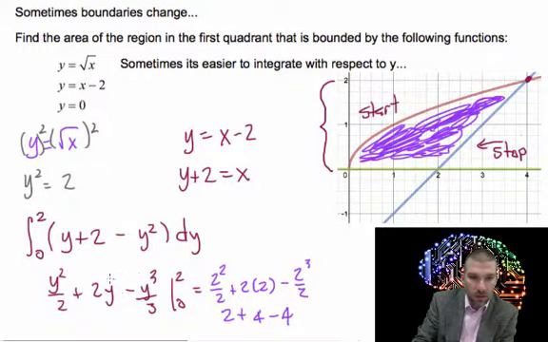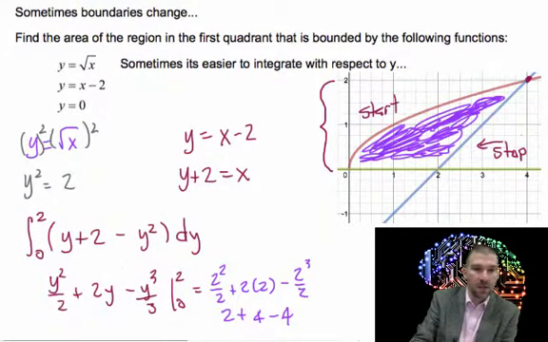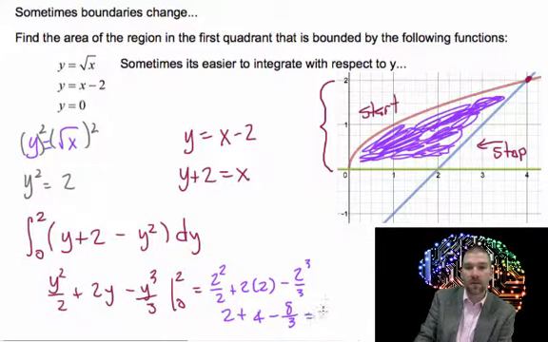Y squared over 2, 2y. All right, I got my mistake right here. This should be cubed over 3, which is going to make this 8/3. So that's going to be 6 minus 8/3, which again will be 10/3 units squared.